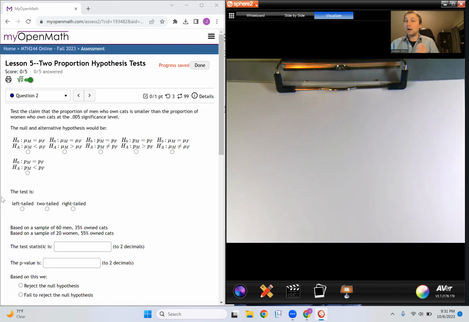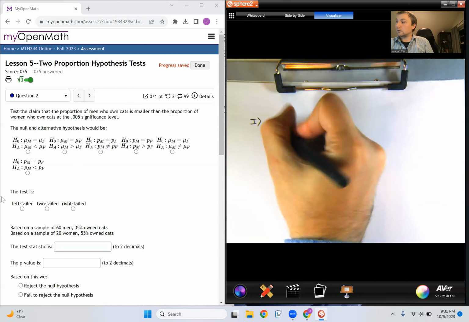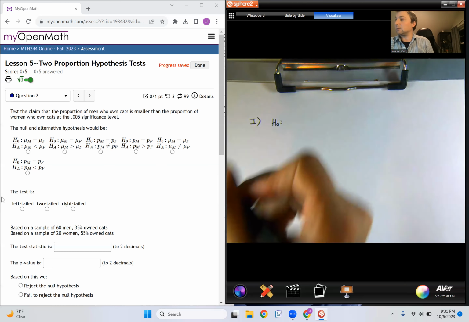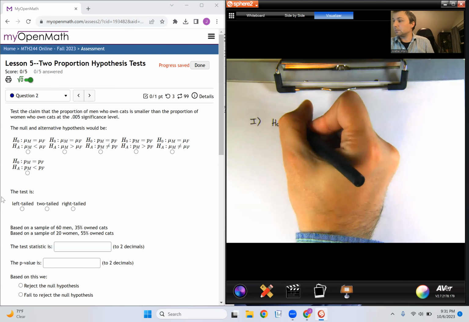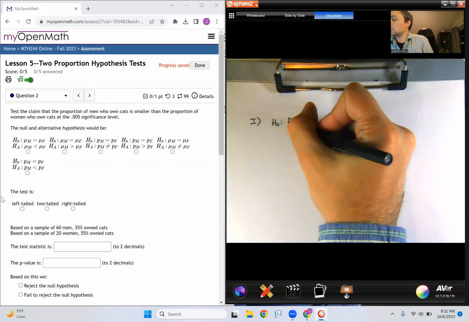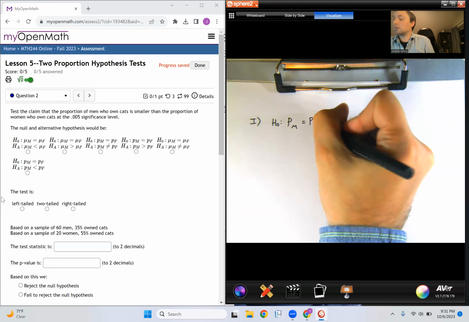Okay, I'm dealing with proportions, so I'm using P. So my null hypothesis, whenever I'm comparing two proportions, is going to be the same. It's going to be the first group, let's say the proportion for males, is equal to the proportion for females.